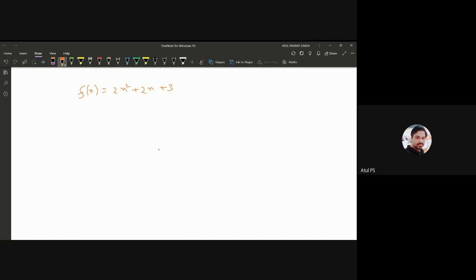There is a condition for big O notation, which ma'am has already written. This is the condition: f of n should be related to c times g of n, for all n greater than or equal to n naught.